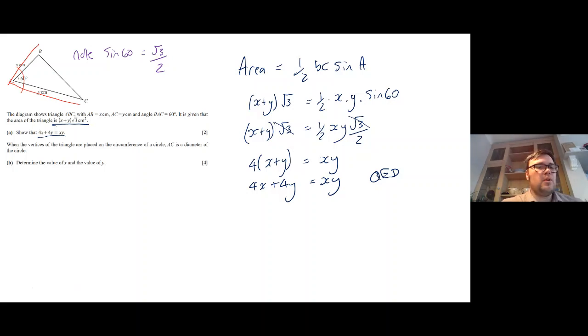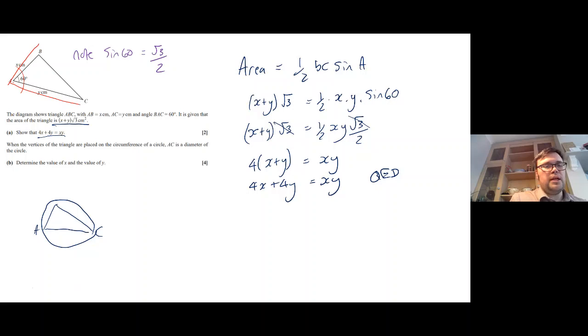When the vertices of the triangle are placed on the circumference of a circle, AC is the diameter of that circle. Determine the value of X and Y. Okay, so this has been put into a circle. If I sketch the triangle around it, best sketch in the world, but you get the general idea. We're told that AC is equal to the diameter.